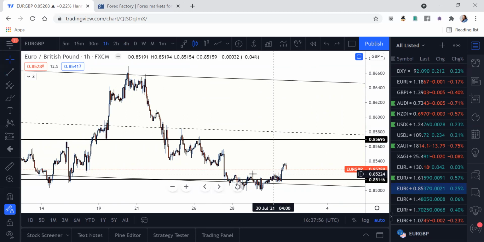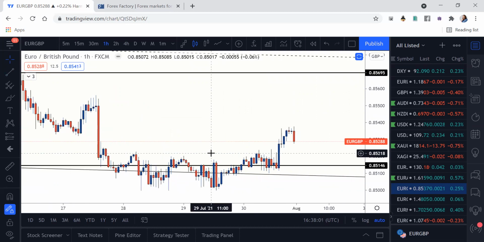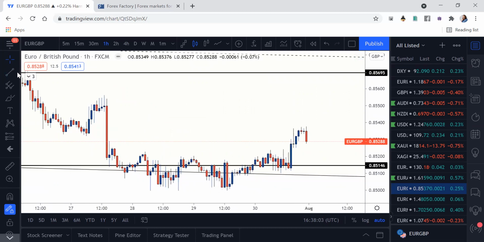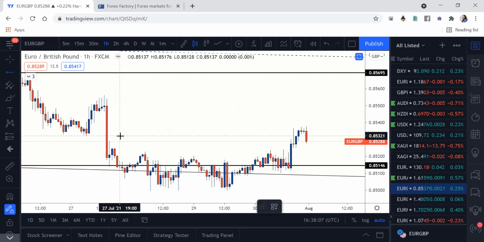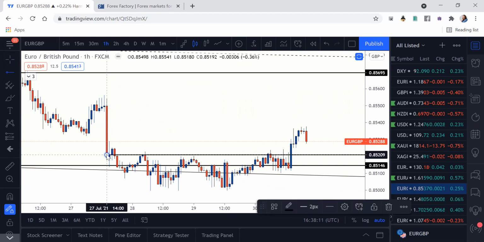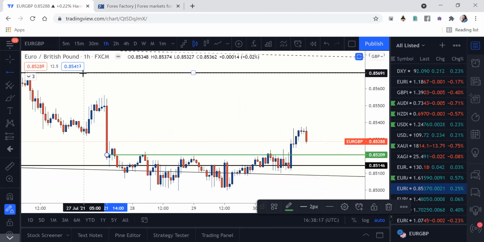Okay, so for me, I'm gonna zoom in here. This area here, I'm gonna make it a different color. Just gonna put it as green for now.